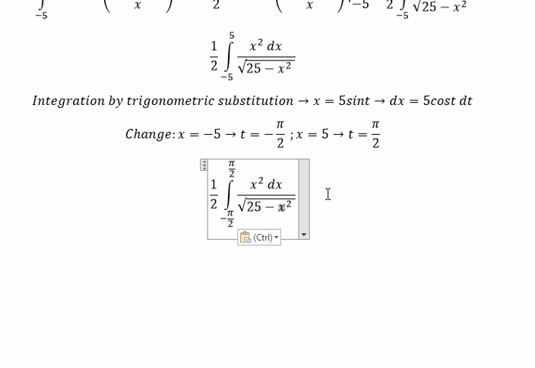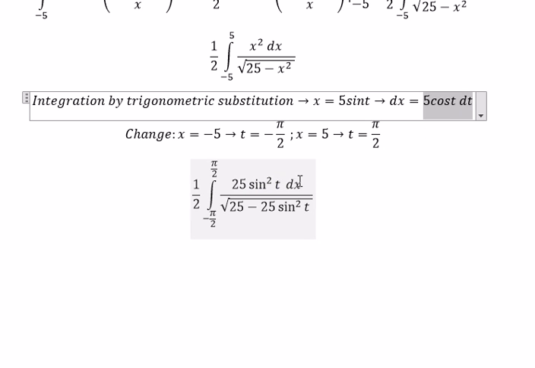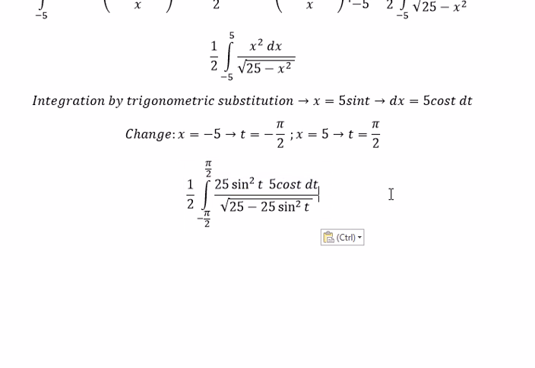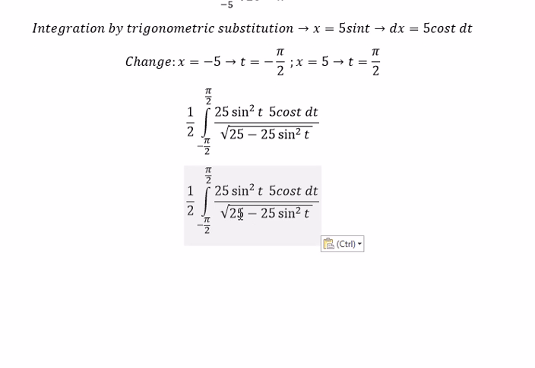This one becomes 25 sine t squared, and ds we change to this one. The square root of 25 gives 5.